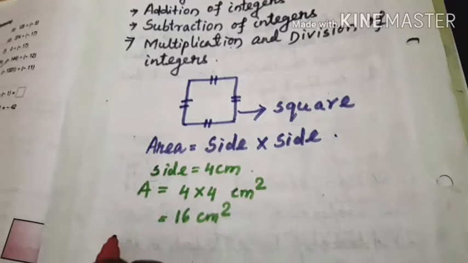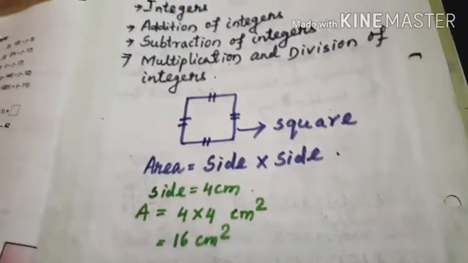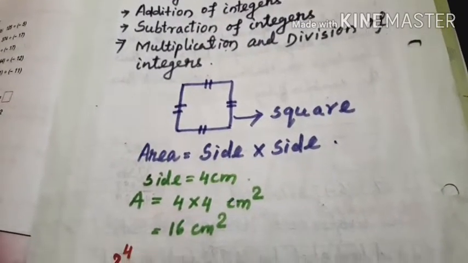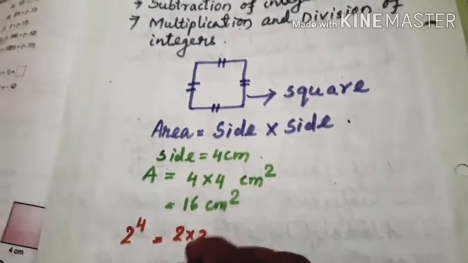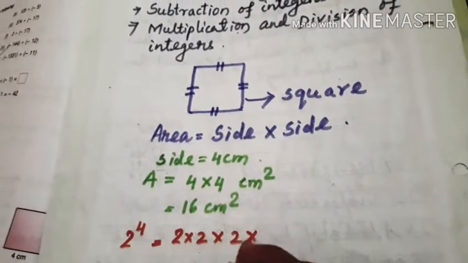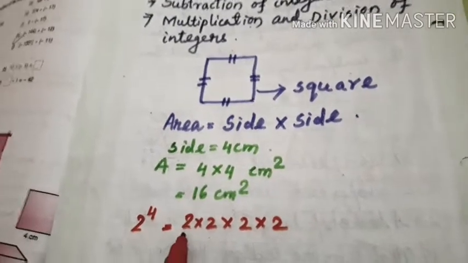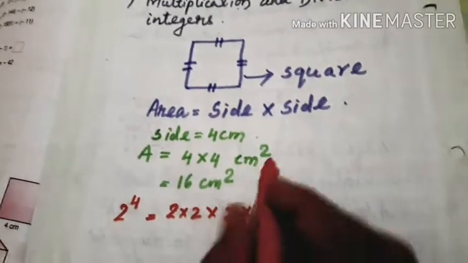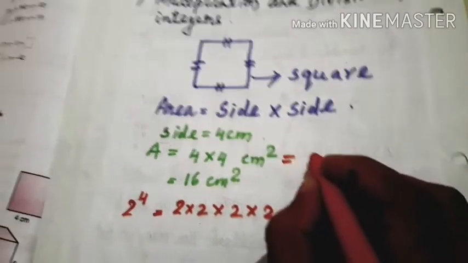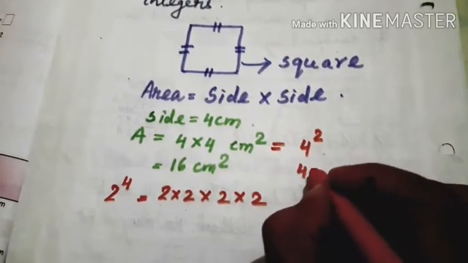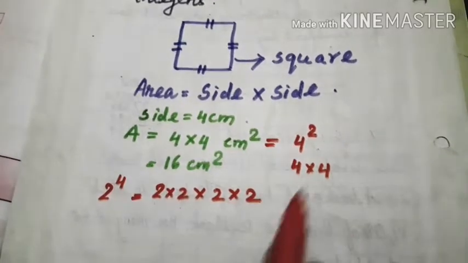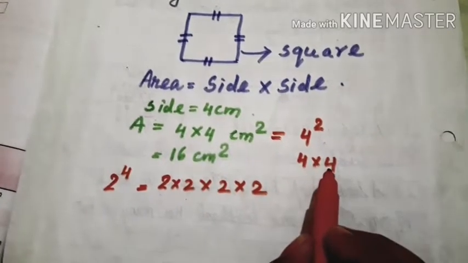Similarly, if I write 2 to the power 4, then it is 2 into 2 into 2 into 2. It means 2 is multiplied 4 times. Here also, one thing I want to say: 4 square means 4 into 4, that is, 4 multiplied 2 times.